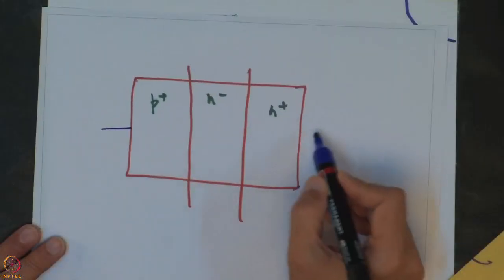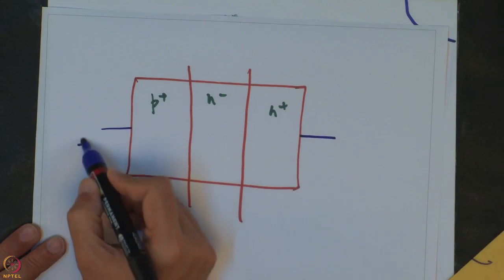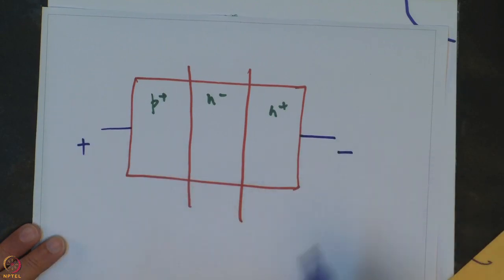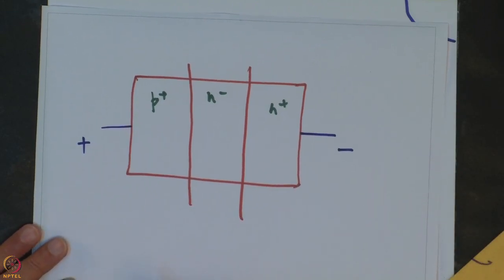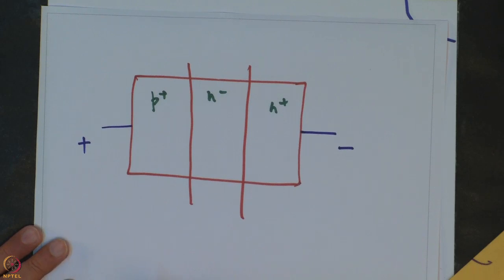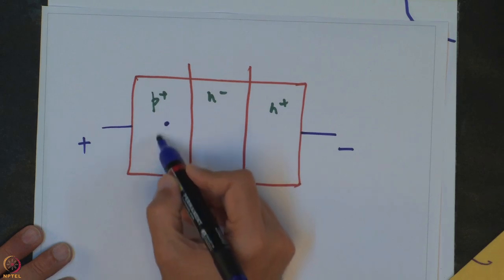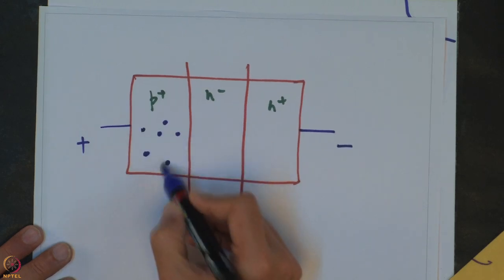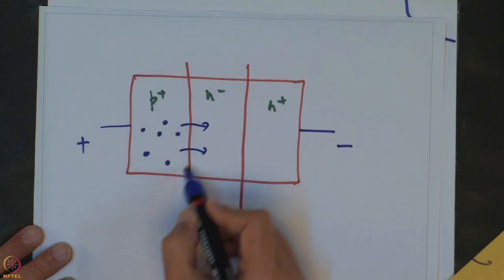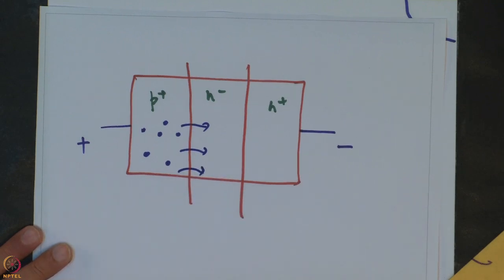So, when you have your diode connected in forward bias, you can see the polarity of the external voltage source that is applied. Now, holes will be injected from the P region to the N region during forward bias.